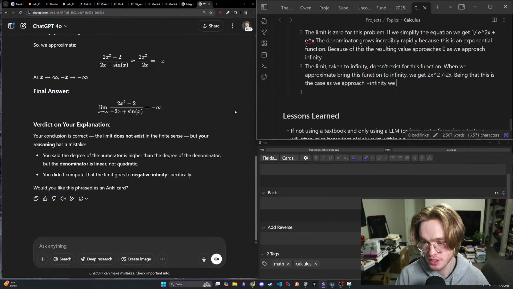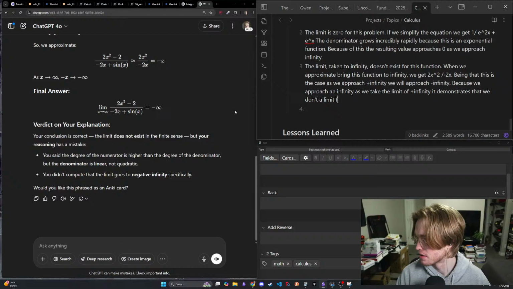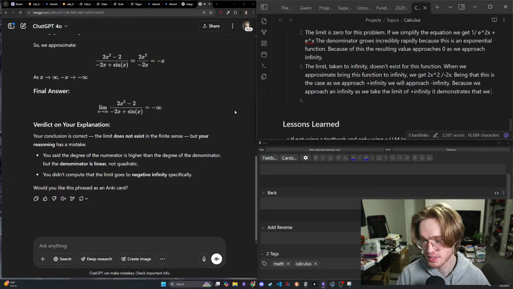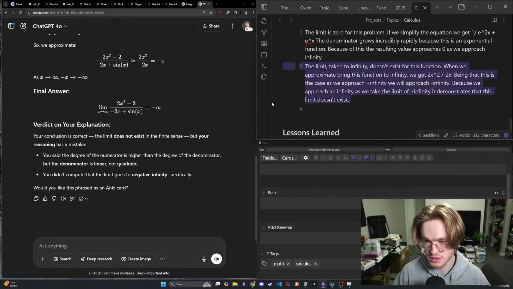We will approach negative infinity. Because we approach infinity, negative infinity, and infinity, as we take the limit of positive infinity, that demonstrates that we don't have a limit, that this limit doesn't exist. Okay, I don't know if that's the best way to say it, but we'll see that.